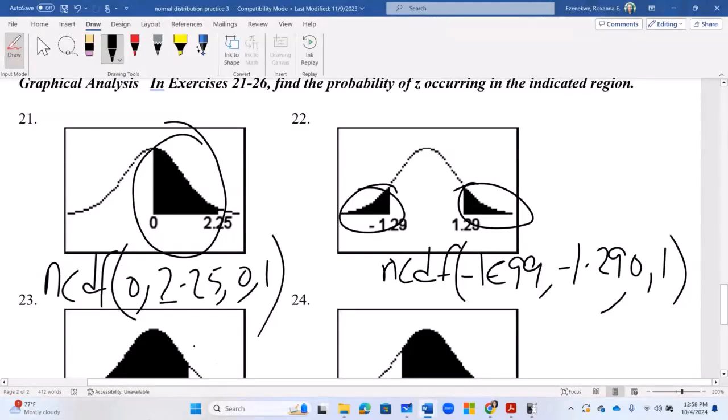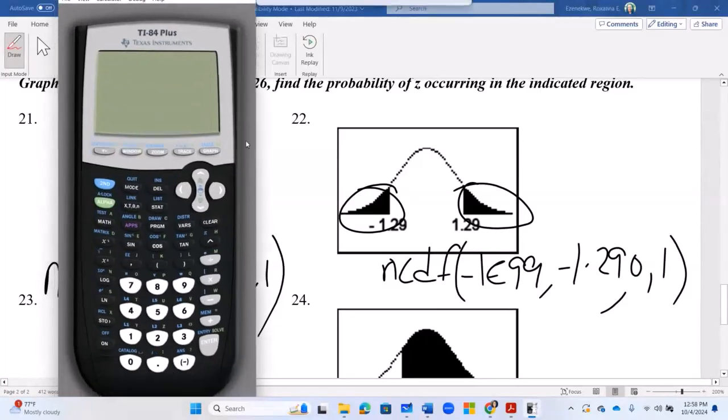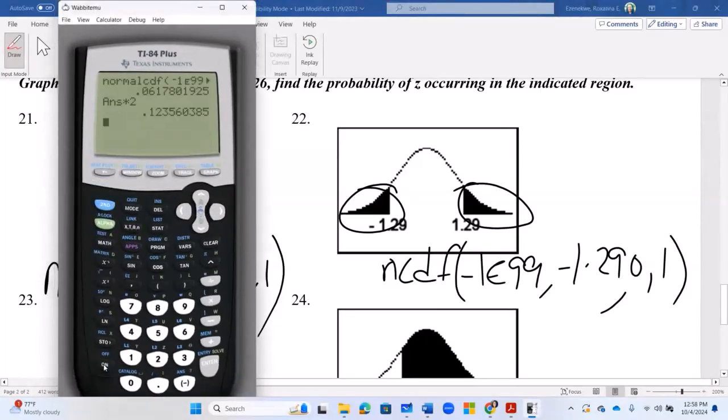So now I'm going to collect the second distribution.